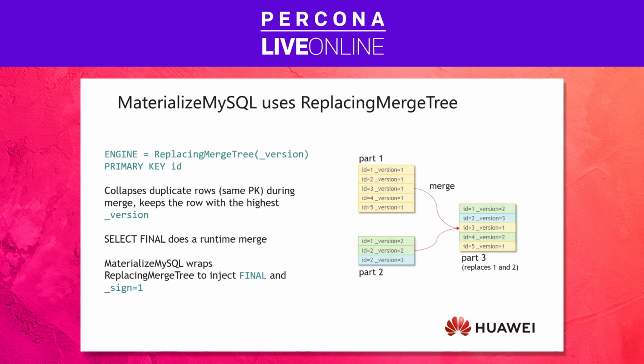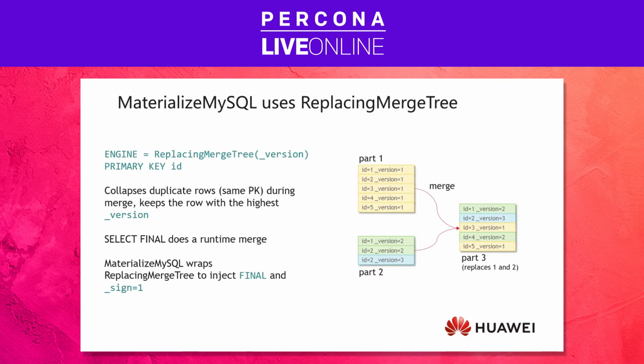So replacing merge tree, when you make a replacing merge tree table, you have to tell it which column you want to use for determining which row to keep if you have several rows with the same primary key. So in our case, we use the _version.